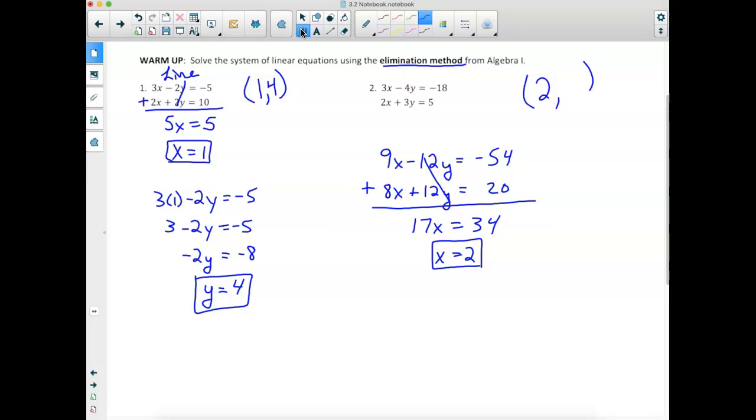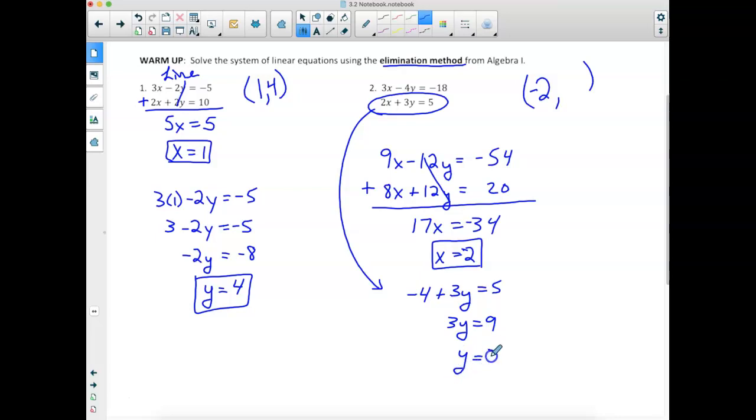I'm going to pick the bottom equation and plug my x in just because the numbers are smaller, and 2 times negative 2, that's going to give me negative 4, plus 3y equals 5. I'm going to add my 4 across and get 3y equals 9, so y has to equal 3. Okay, so my point is negative 2 comma 3.